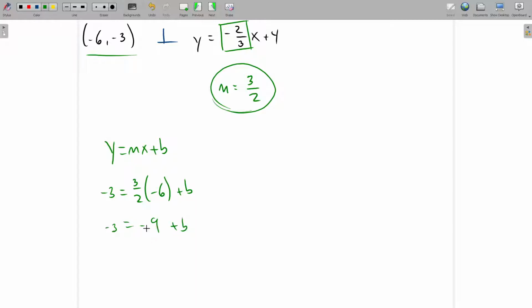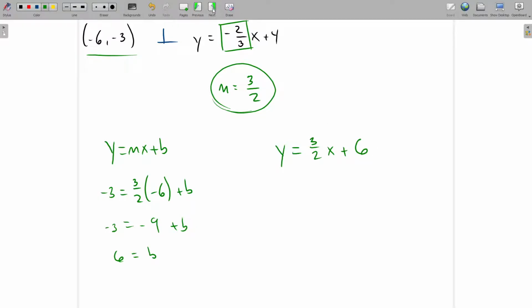And if we add negative 9 to both sides, we'll get 6 is equal to b. Alright, so we have our b, we have our m. We can write this perpendicular equation in slope-intercept form with y equals 3 halves x plus 6. Alright, so we looked at two different examples where we're finding the equation of a perpendicular line, where we are finding the equation of a parallel line.